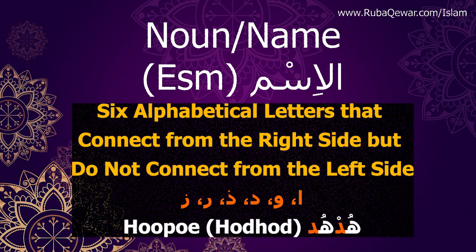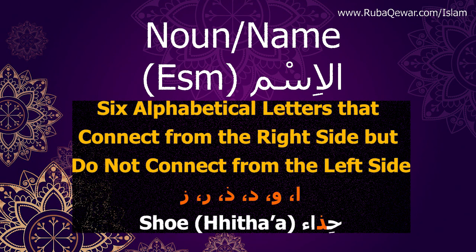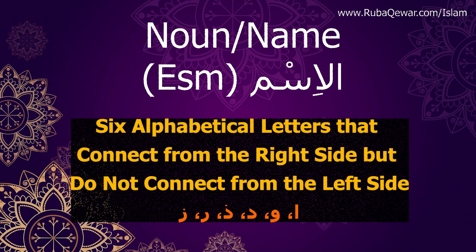The dal is connected only from the right, but not from the left. Mu'adhin, for example. Because the waw also does not connect from the left, it did not connect with anything. Let's say hidha, for example, shoes. Dal is connected with the ha, but it's not connected with the alif. Ra, zai, all the same way. They only connect from one side, but not from the left side. This is a rule.